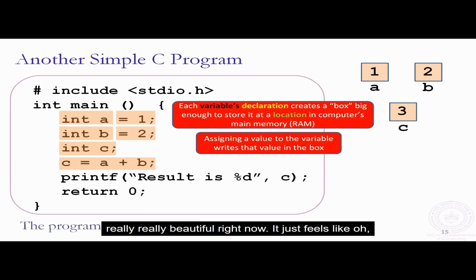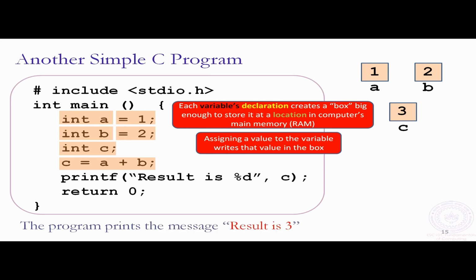Right now, it just feels like, oh, it's the most obvious thing in the world, but it's not. It's actually really subtle. So hold on to this. And when we talk about pointers, I'll ask you what you think about the way in which memory is being managed in this program.